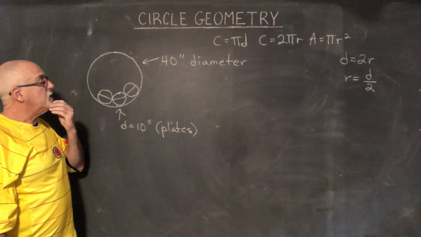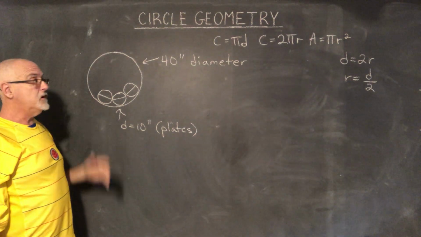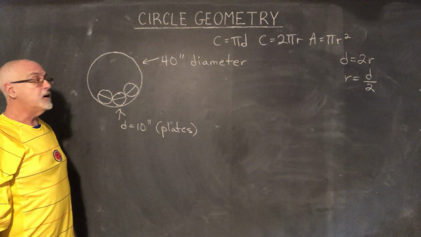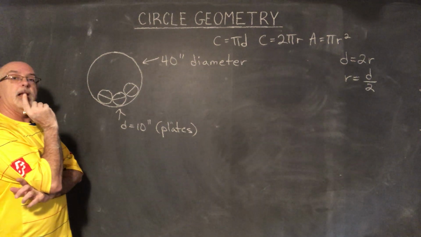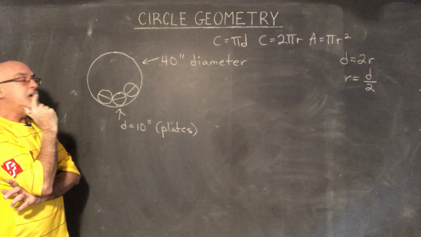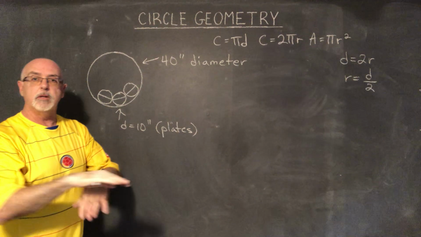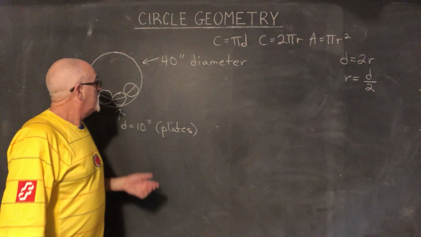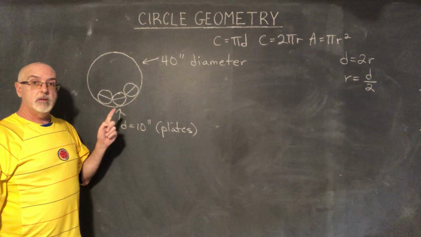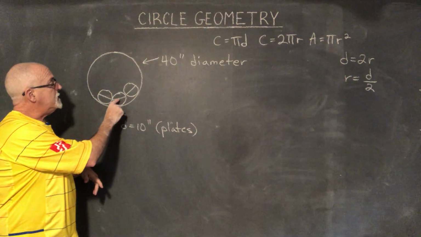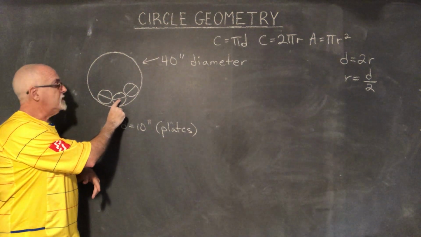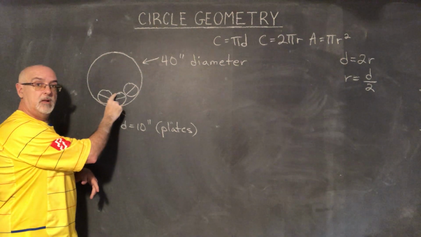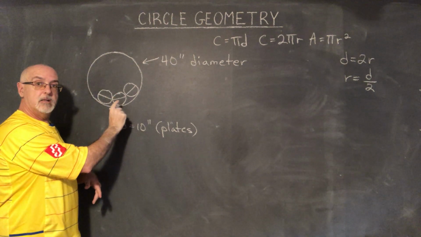It's a cool question, even if it's not exactly a word problem, because I don't see many words at all on here. How many plates will fit? How are we going to figure this out? I'm going to give one hint and then I'm going to stop because I'm running out of time and charge. The hint is we have to figure out that the radius is sort of halfway across the plate from the edge of the table. What is that distance?